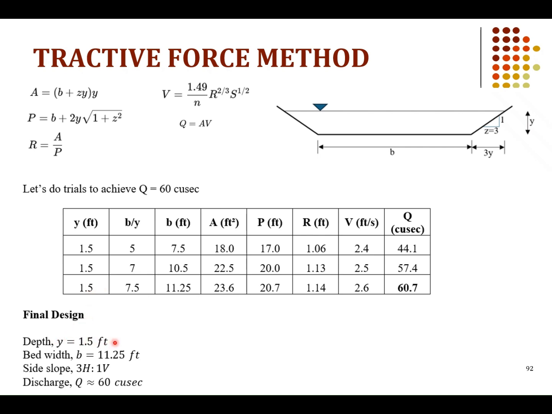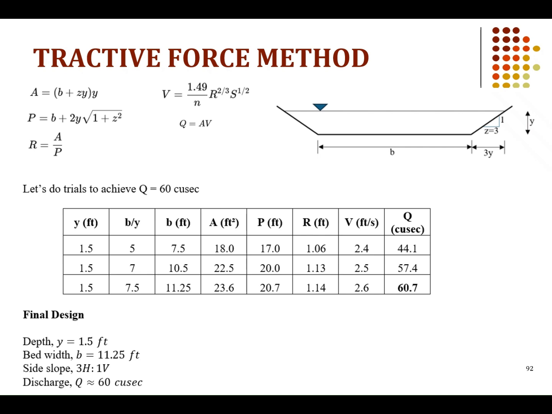So our final design: depth is 1.5 feet, bed width is 11.25, and the side slope will give you a discharge of 60 cubic. The longitudinal slope is already given, 1 over 1000, which belongs to the area where the canal is going to be built. So that finalizes our design. The method is simple, the only thing is that in the end you have to do some trials.